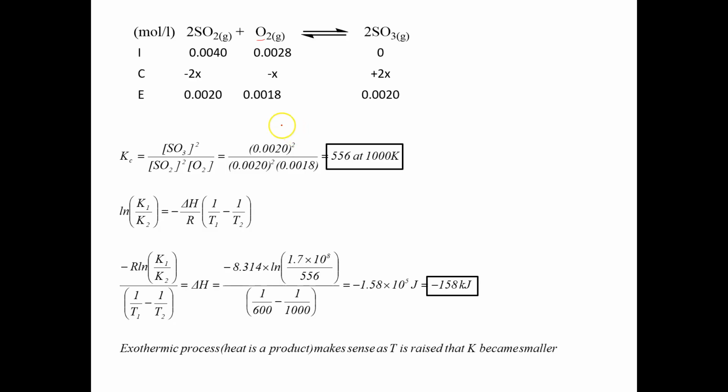Putting my equilibrium values into my expression for Kc, I get my new value of Kc at 1000 Kelvin. So now I have a value of Kc at a lower temperature at 600 Kelvin and a value of Kc at 1000 Kelvin, so I should be able to solve for delta H.